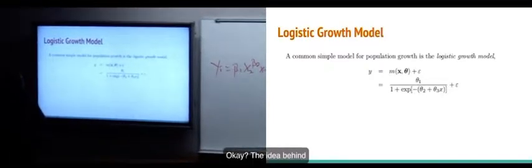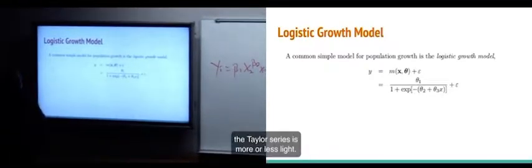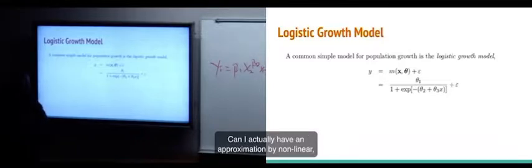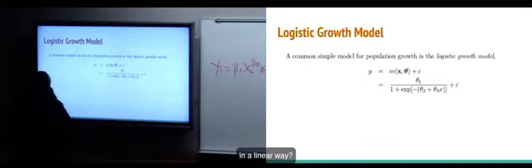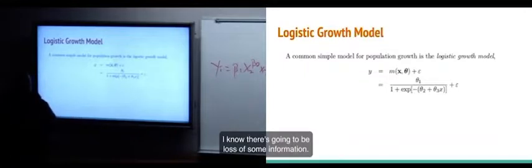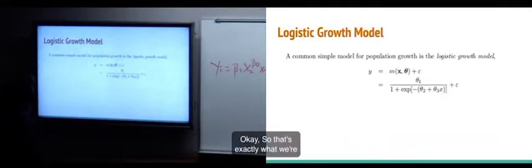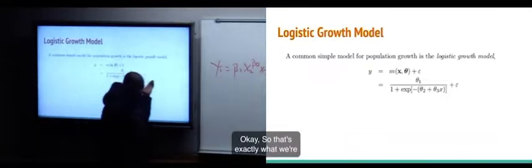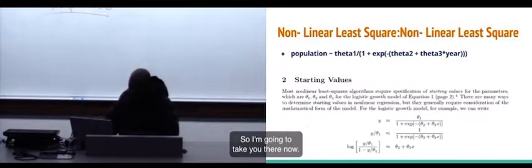The idea behind the Taylor series is how can I approximate a nonlinear model in a linear way, even though I know there's going to be some loss of information, which is no problem at all. We have different ways to do that, like Gauss-Newton, Newton-Raphson, and so on. So I'm going to take you there now.